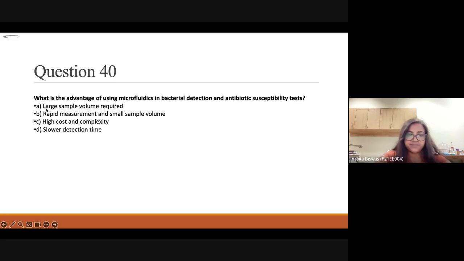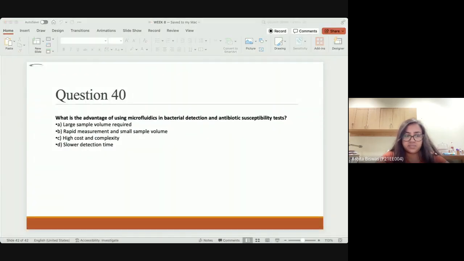So which one is the right option? So the right option is option D, rapid measurement and a small sample volume.